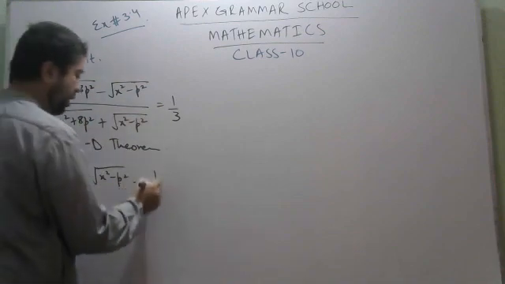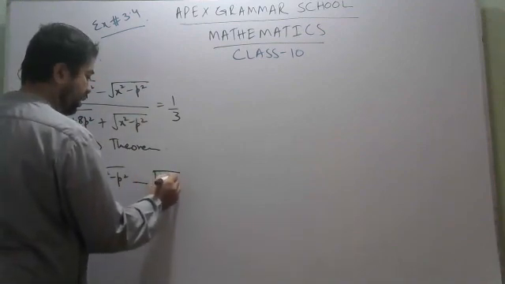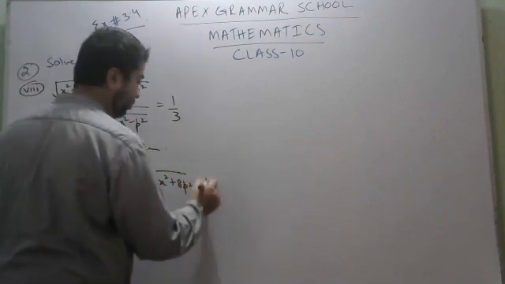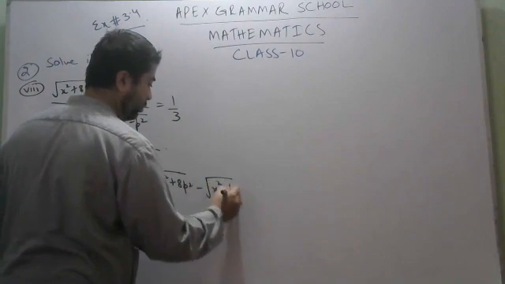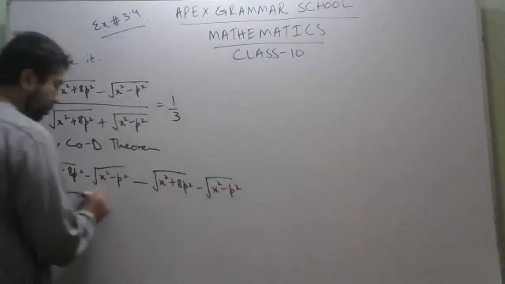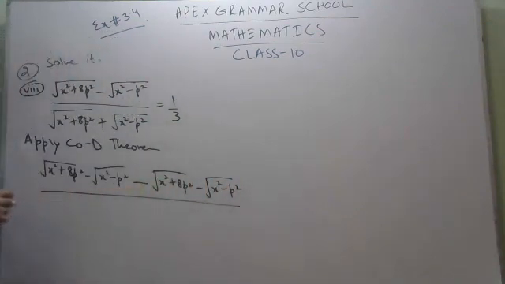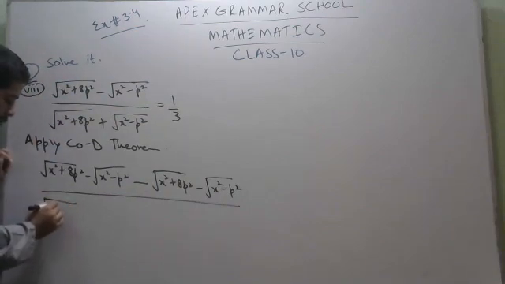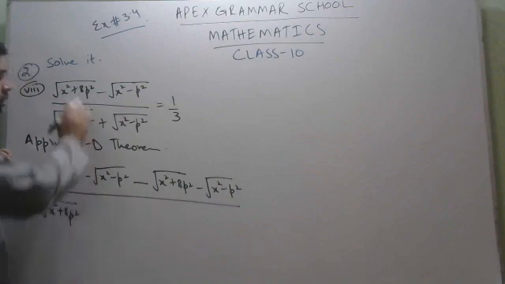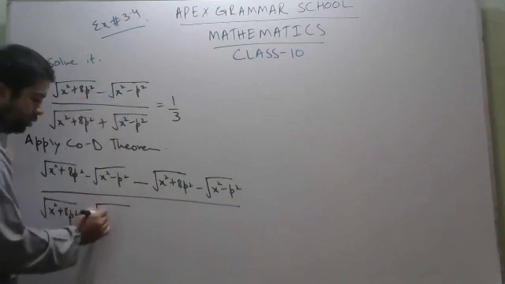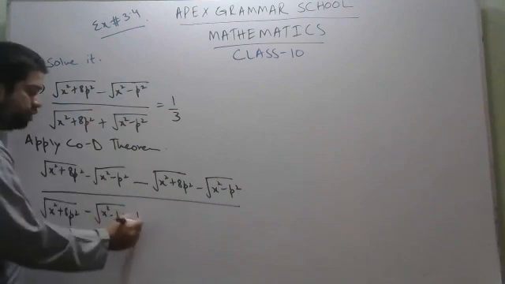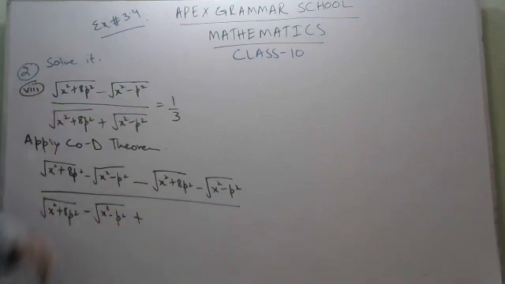So the denominator x square plus 8b square, then negative, and then again the numerator minus square root x square minus b square. After that, the positive sign in the denominator.